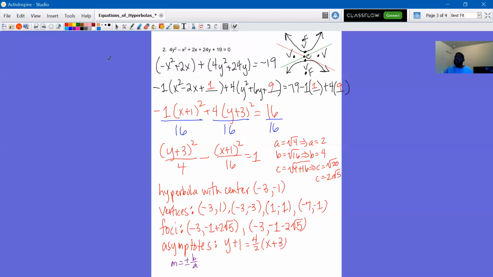And the other one is y plus 1 equals negative 4 over 2 times x plus 3. And of course, that will simplify to negative 2 when you reduce the fraction, but I just keep the fractions like that so you can see how it's written.